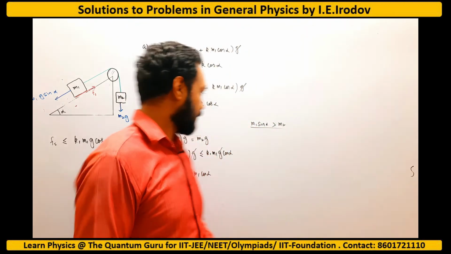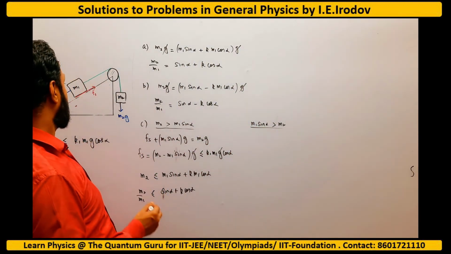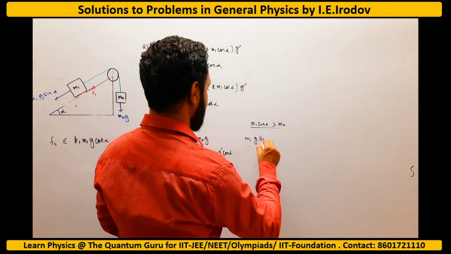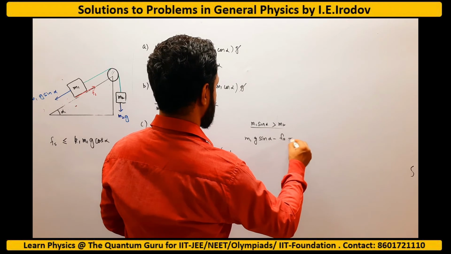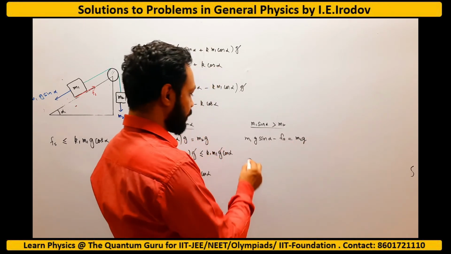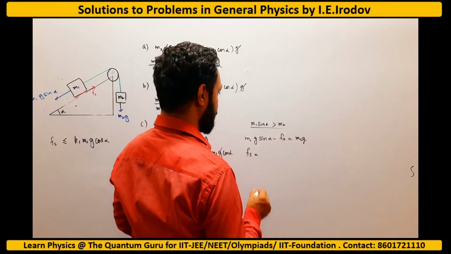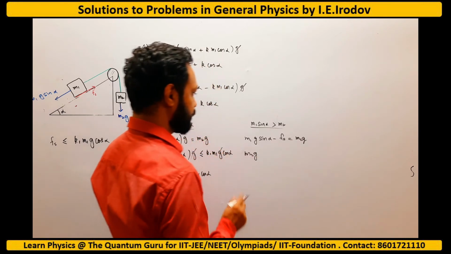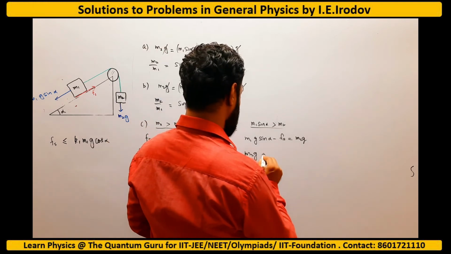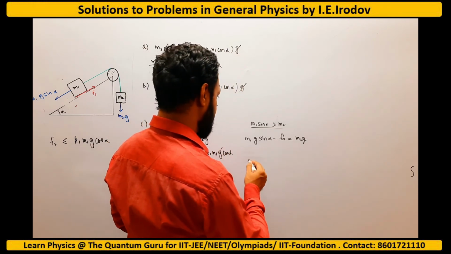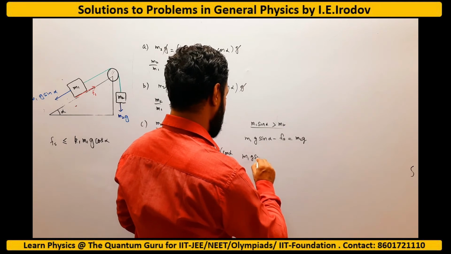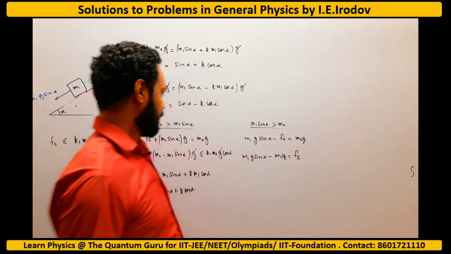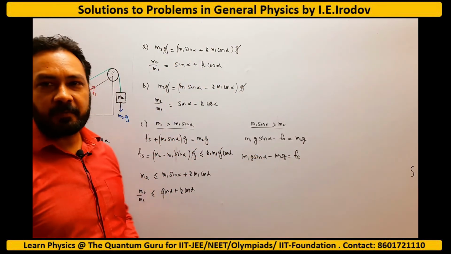The equation will become, here I can write m1 g sin alpha minus fs is equal to m2g, or m1g sin alpha minus m2g is fs. That is fine. And then again we can put the value of fs.